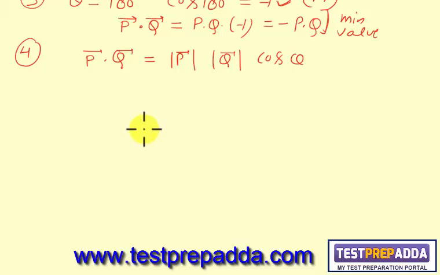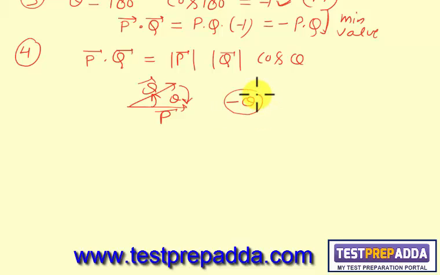Angle from P to Q. This theta is the angle from vector P to vector Q. Now if I take angle from Q to P, it becomes minus theta.